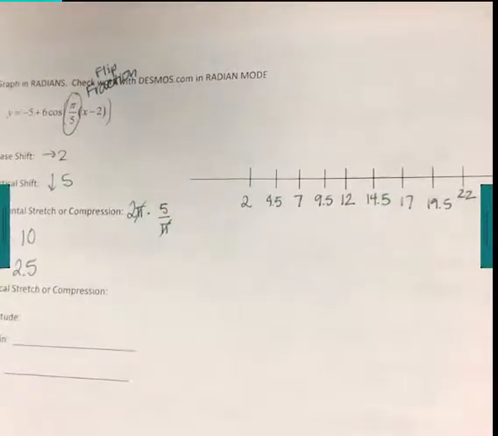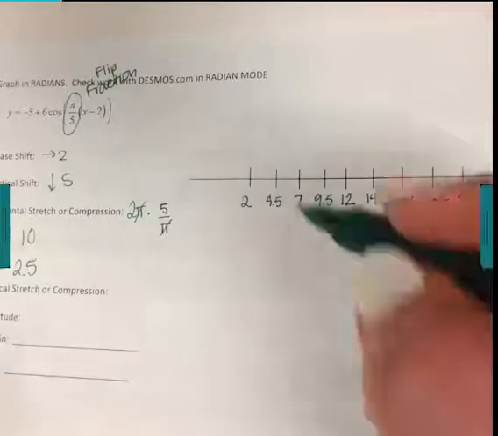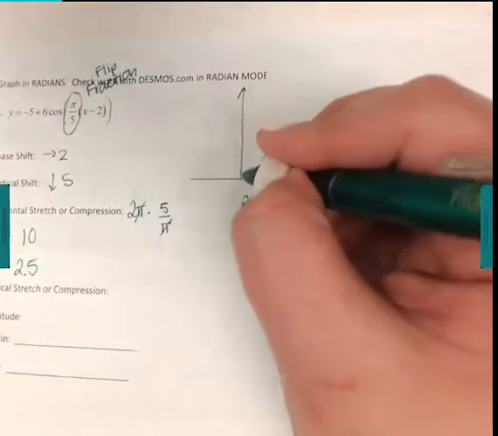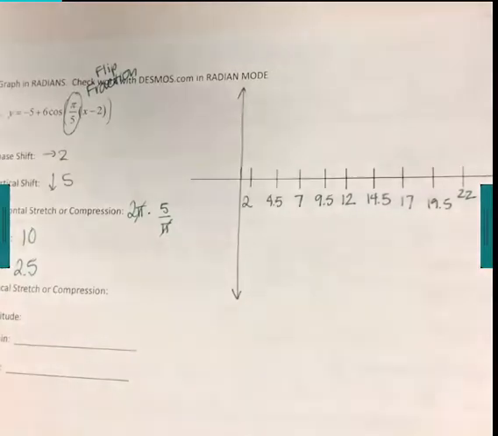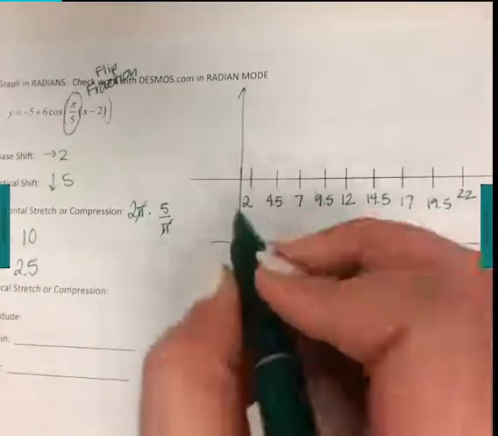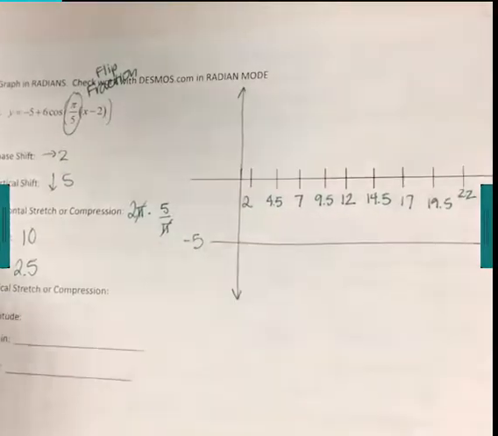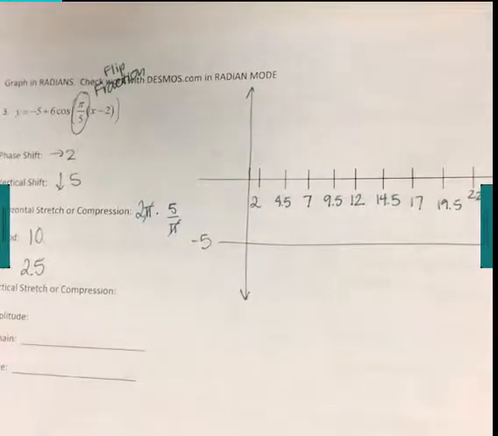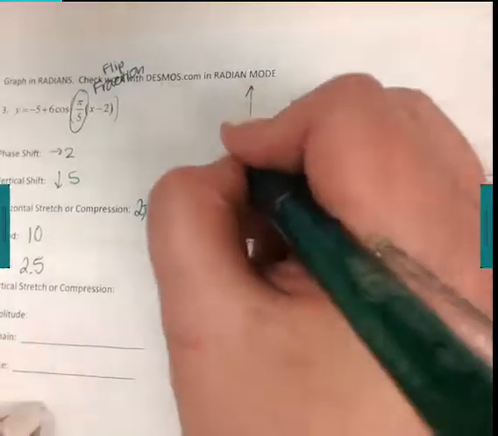So when I type this into my calculator, I'm going to want to make sure that I go from 2 to 22. Where does that put the y-axis? A little bit to the left, right? And then where's my middle line going to be? -5. We'll put that here. That's my new middle. And then what is my vertical stretch or shrink? 6. So if I'm at -5 and I go up 6, what's that? 1.